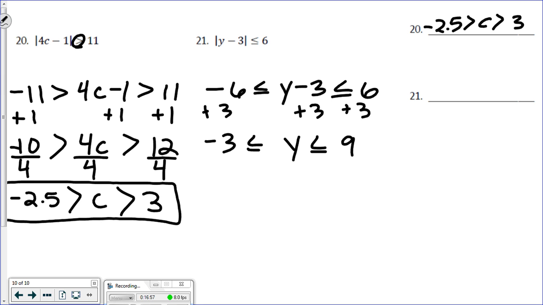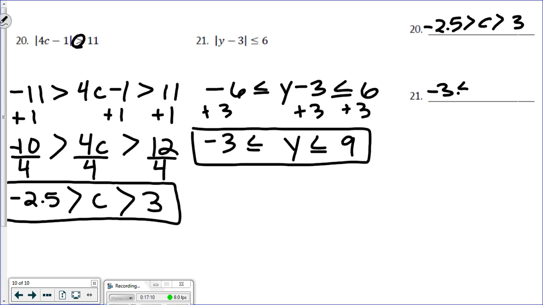And you're done. So negative 3 is less than or equal to y, which is less than or equal to 9. So you have an and statement here. And that is how you finish up the second page of the chapter review.